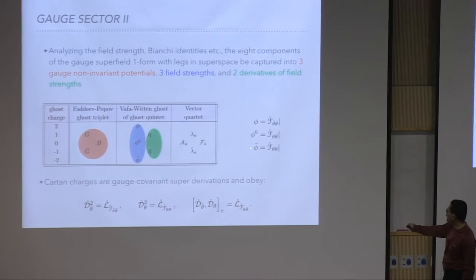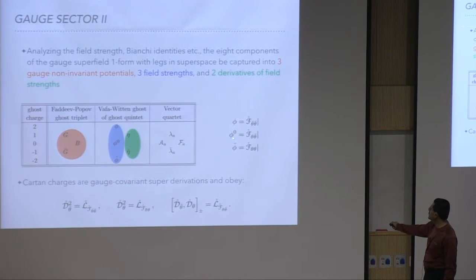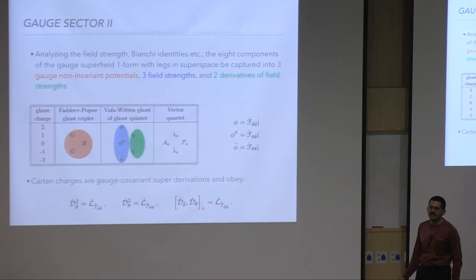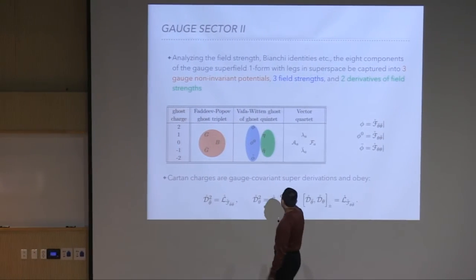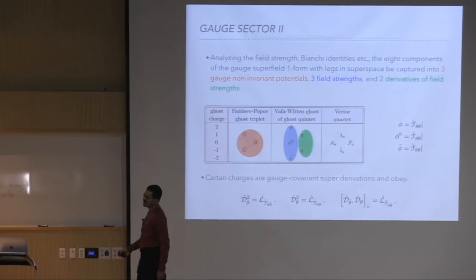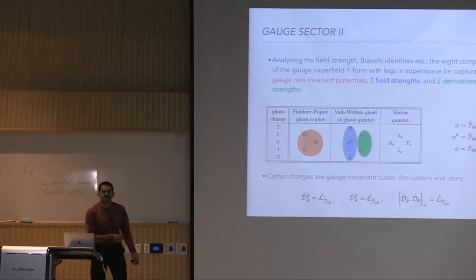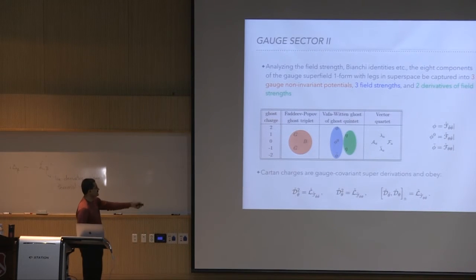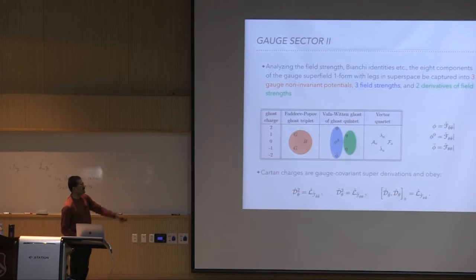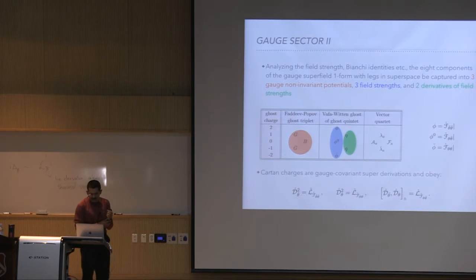Okay, in particular, I highlight phi 0. It has ghost number 0. It's the bottom component of F theta theta bar. And the etas have ghost number plus and minus 1, and they are derivatives of field strengths. And the remainder of the vector multiplet is sort of the standard. It's just the gauginos and the F term, as usual in vector superfields for 4 dimensions.